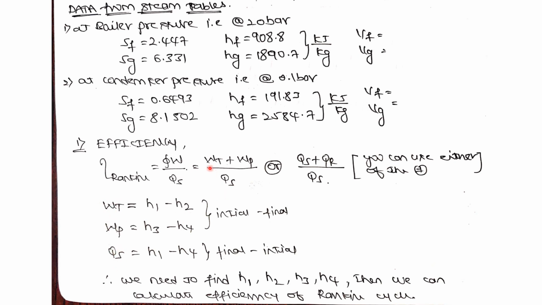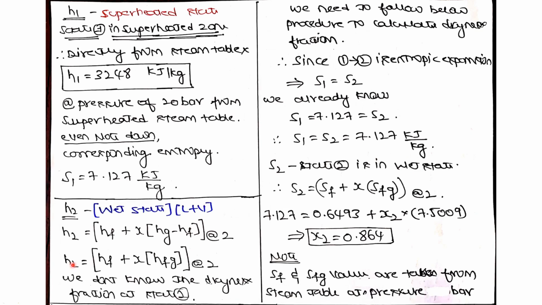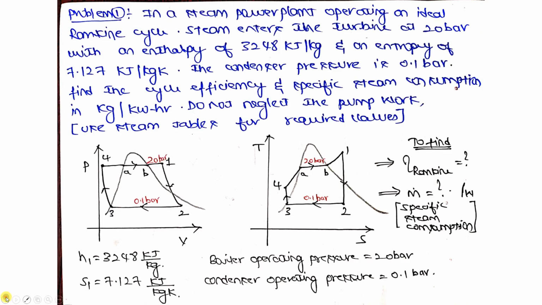First we will go by H1. H1 is in the superheated state. As soon as you write H1, enthalpy at state 1, first you have to see where my state 1 is. State 1 is in the superheated region. Kindly refer to the previous video on how to calculate the enthalpy at the different stages.